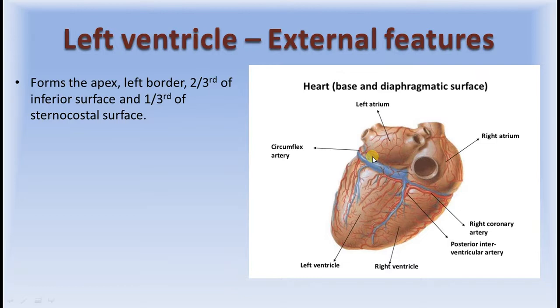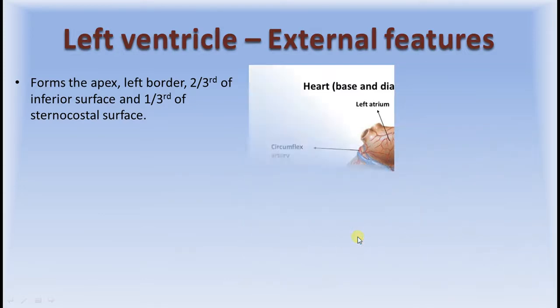It also mainly forms the apex, the pointed area, which lies over the fifth intercostal space. So the apex is mainly formed by the left ventricle, apart from most of the diaphragmatic surface and one-third of the sternocostal surface.